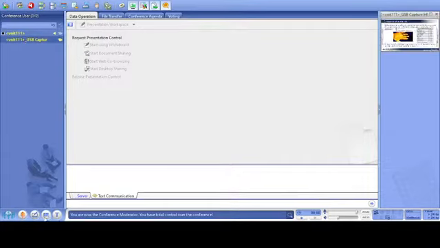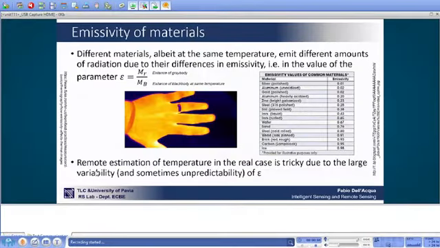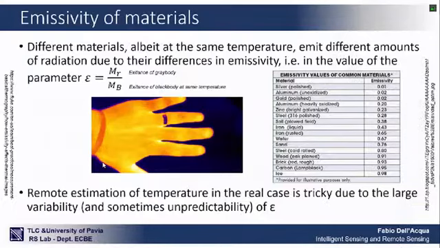To translate it into easier terms, when you have 2 bodies at the same temperature, like a hand and the ring on the hand, which is at the same temperature basically because it's in close contact with the hand, you sense the emitted radiation and you will find very different temperature estimates.